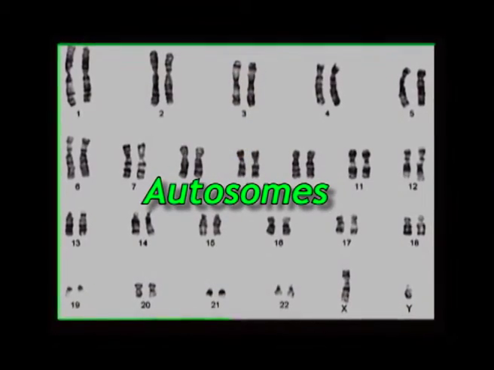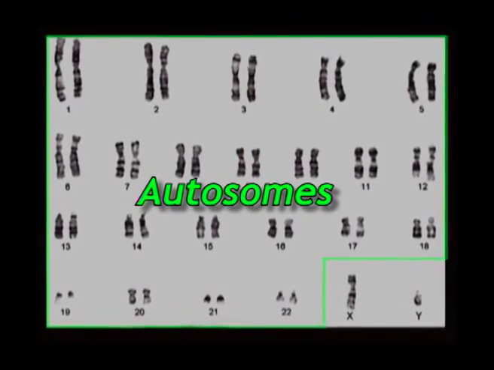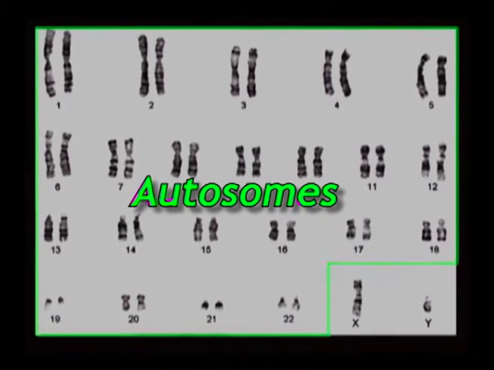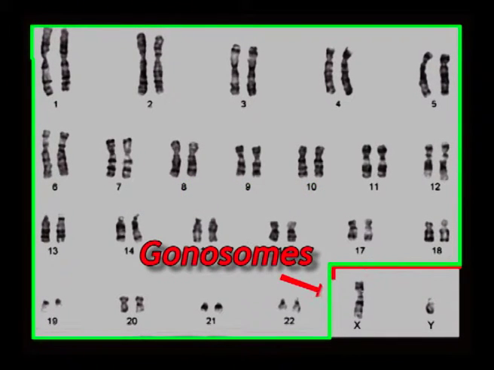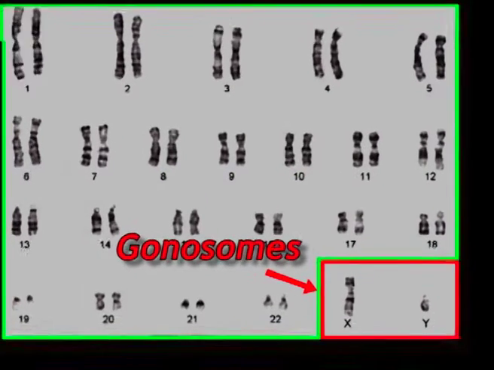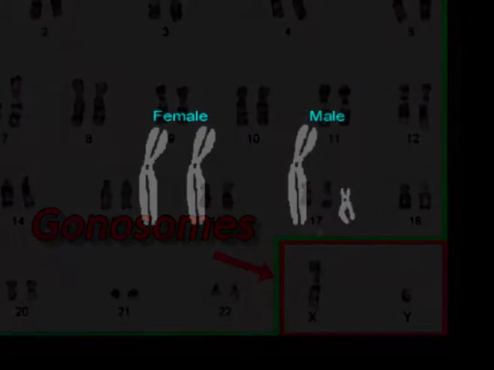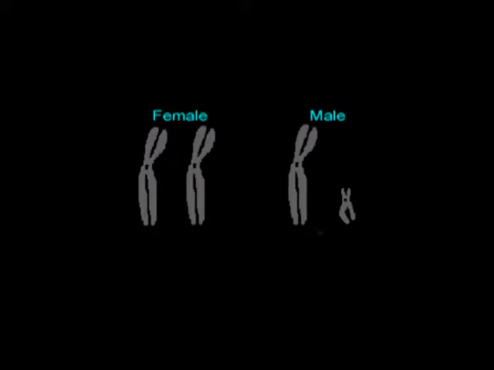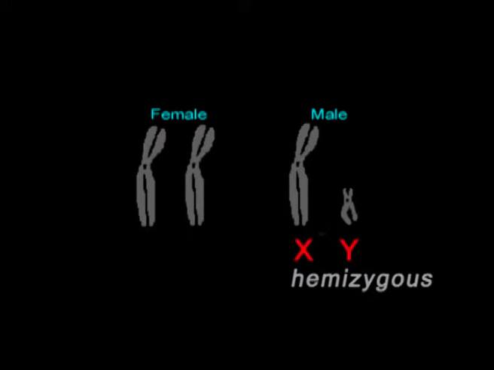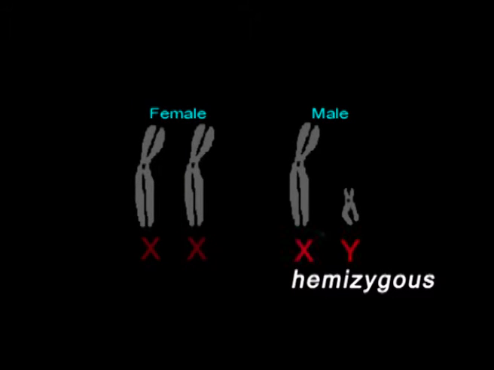So here it means we have two types of chromosome: autosomes having 22 pairs or 44 chromosomes, and gonosomes or sex chromosome with one pair or two chromosomes. The sex chromosome of male is XY, that is hemizygous, and that of female is represented by XX, homozygous.